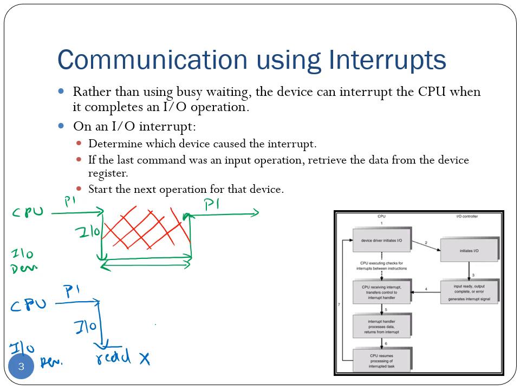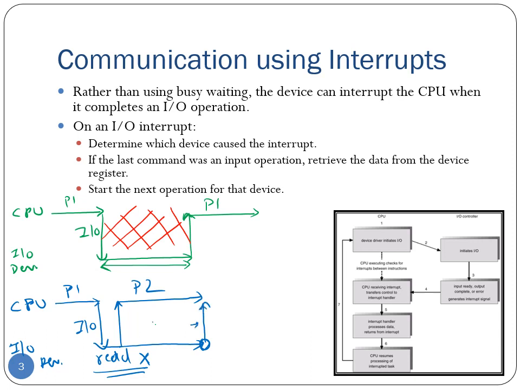And then once this setup is done, the CPU goes back and starts executing some other ready process on the ready queue, let's say process P2, and in parallel the IO device keeps working on this read command. At a later point, let's say over here, when the IO device is finished reading item X, it will inform the CPU.